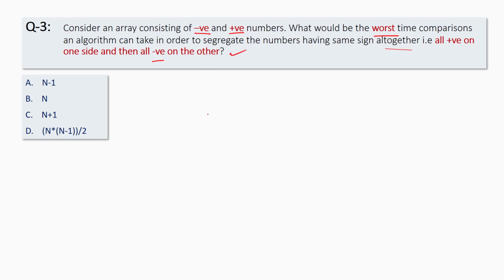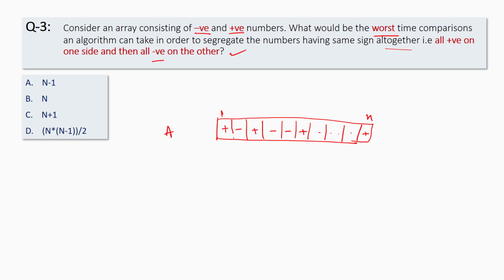Now in this problem we can consider we have a one-dimensional array A with n digits, that is the size of the array is 1 to n, which consists of positive and negative numbers, and our job is to segregate positive numbers on one side and negative numbers on the other side.